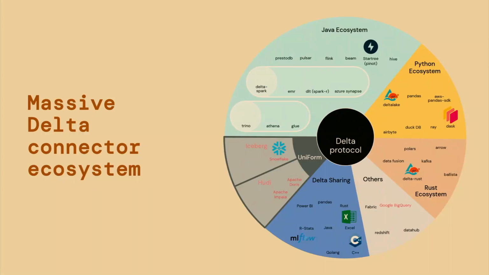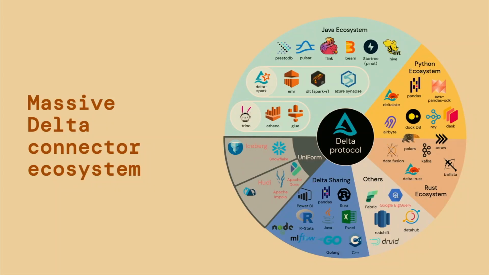And so coming back to this big ecosystem of connectors, what ends up happening is that you suffer from fragmentation in this ecosystem, right? Some connectors support deletion vectors, but not variant type. Some connectors support variant type, but not deletion vectors. And you've multiplied this by all of these connectors and all these features.